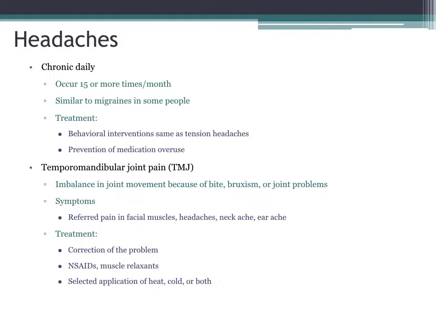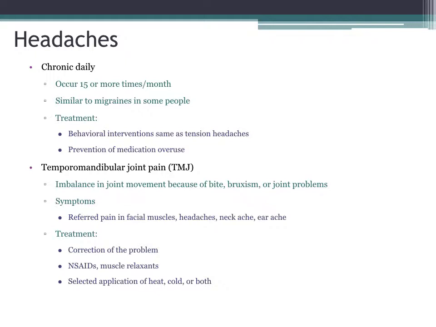The treatment is correction of the dental problem that may be causing it, so you need to go to a dentist and have the dentist put braces on or some type of corrective appliance to help with the grinding or the abnormal joint problems.